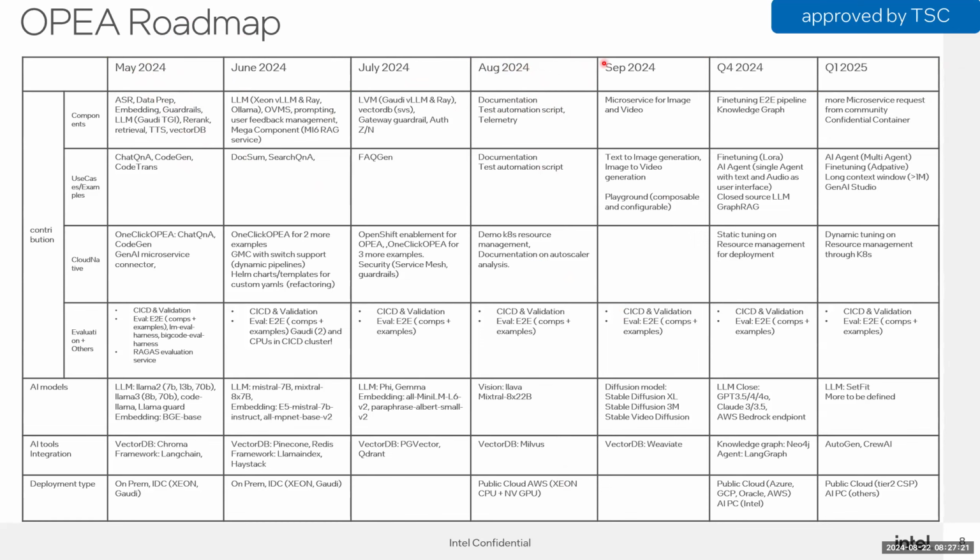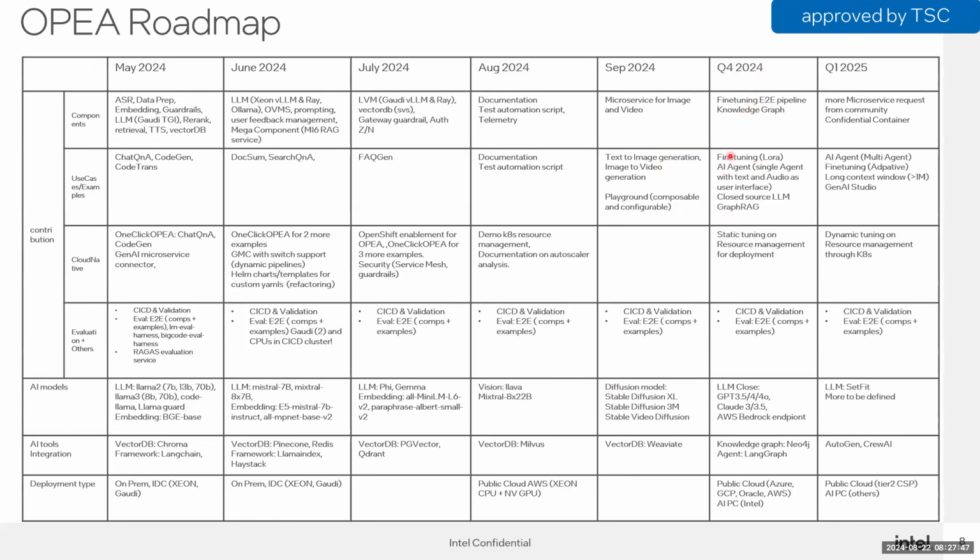After August, in September, we will go to step 2 to focus more on the multi-modalities. So image to video generation, image to text to image generation, and more diffusion model will be supported since September. And in Q4 this year, we will even scale beyond other techniques like the fine-tuning and the knowledge graph.